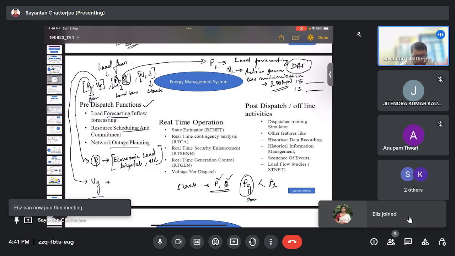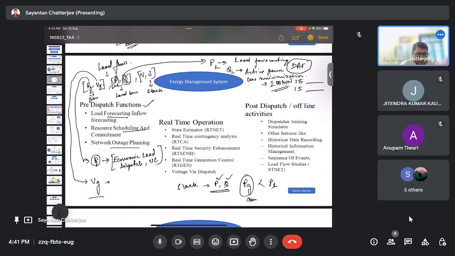If we consider battery energy storage devices, I don't have the view that they have the capability to be considered as a slack bus, because their generating capability is quite limited in the present day scenario.